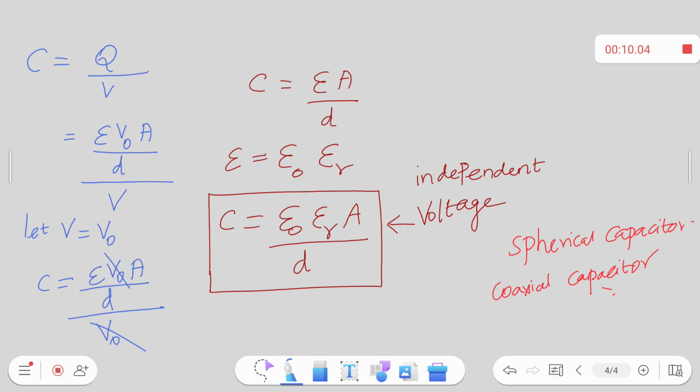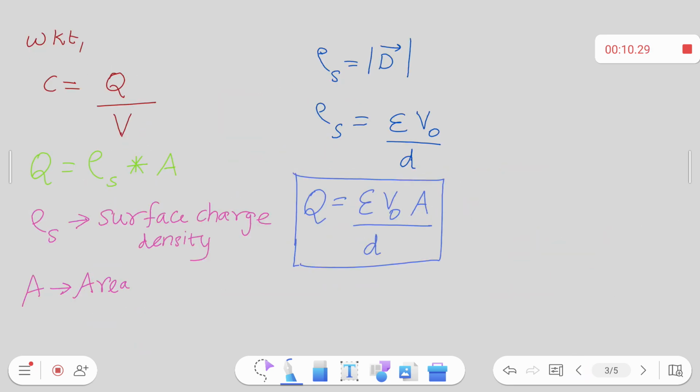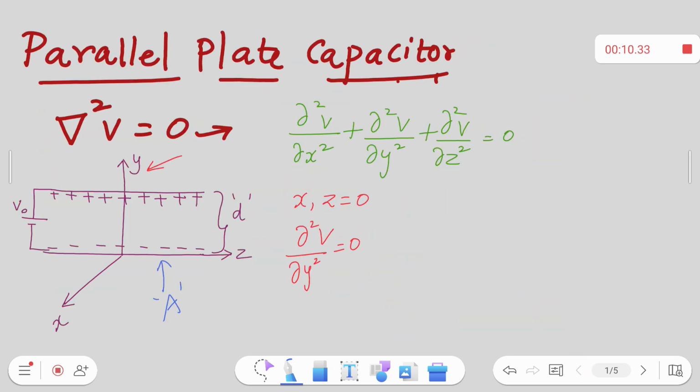You can also derive inductance. Use the Laplace equation and Poisson equation to derive the inductance of a solenoid and the inductance of a toroid. So these are some of the applications where you can use the Laplace equation to find the unknown capacitance and inductance of any material.